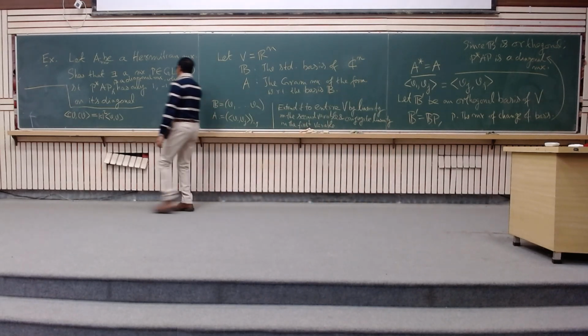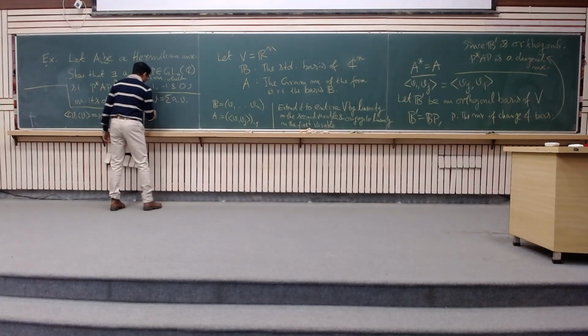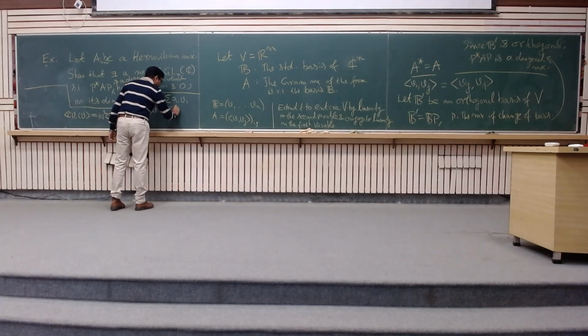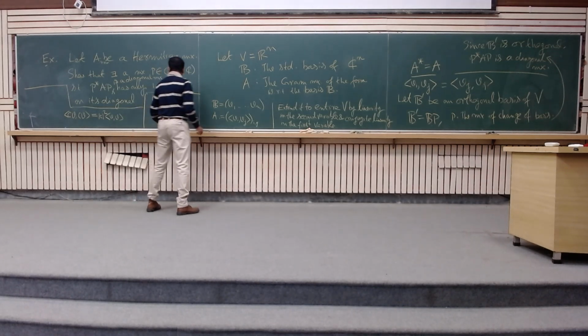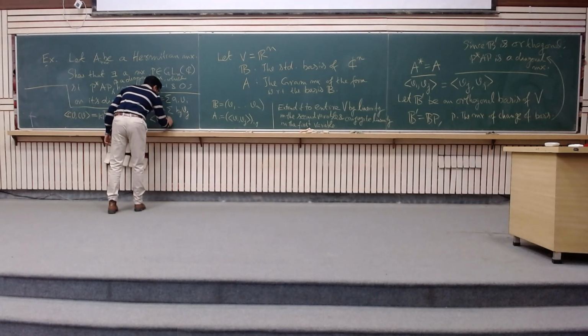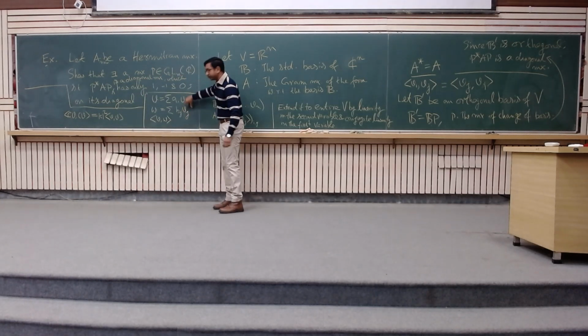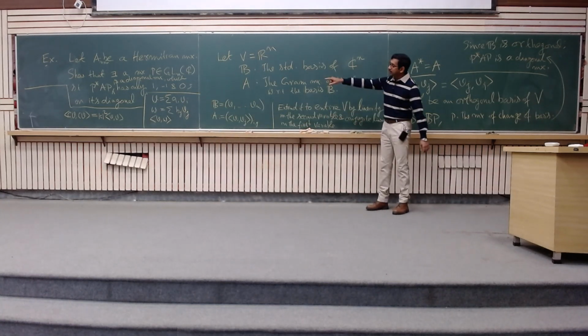So how do you do that? You have V equal to summation ei vi, and say W equal to summation bj vj. You can define the form in terms of the vi, vj by extending it to the entire space by linearity in the second variable.